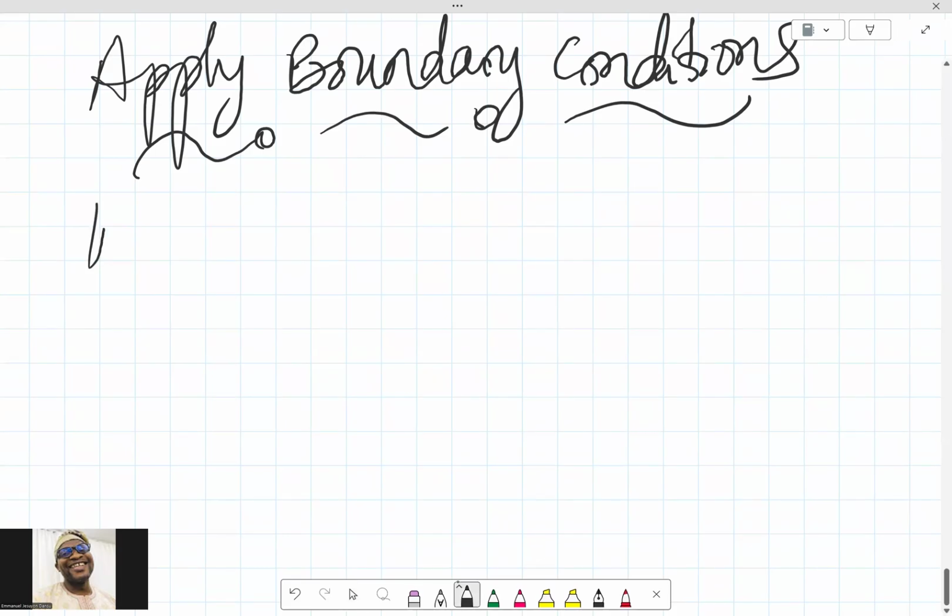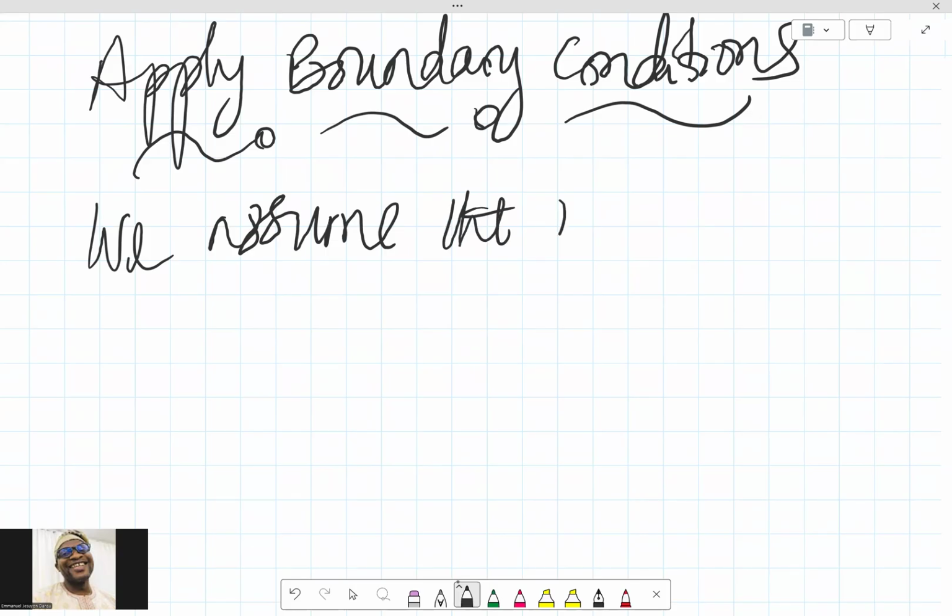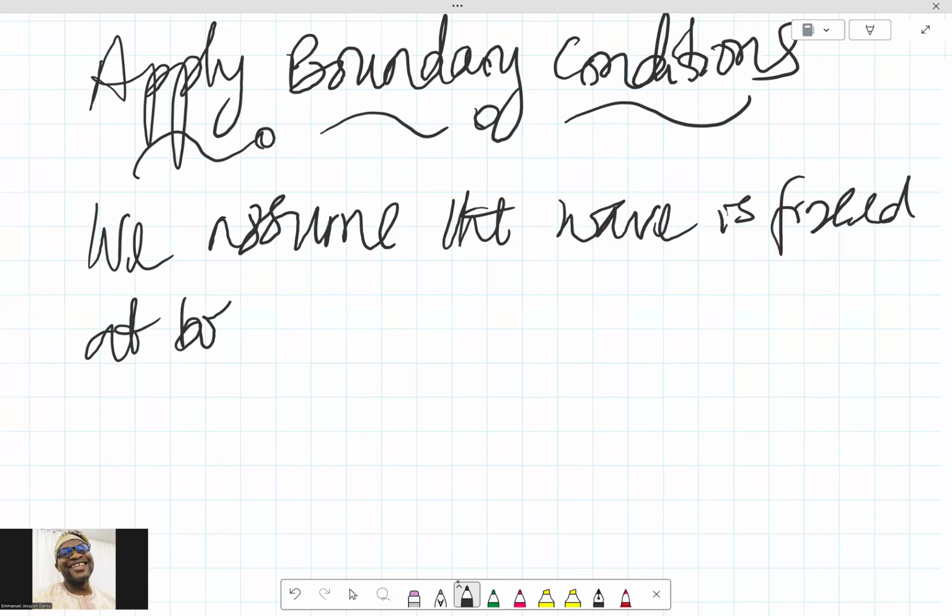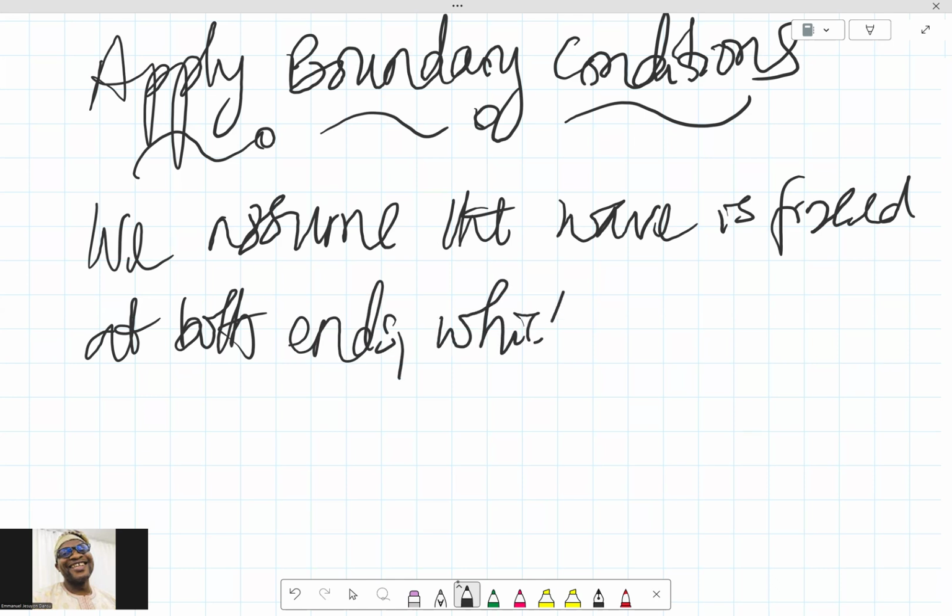Here we assume the wave is fixed at both ends. It's more like if you consider a guitar string that someone is playing.